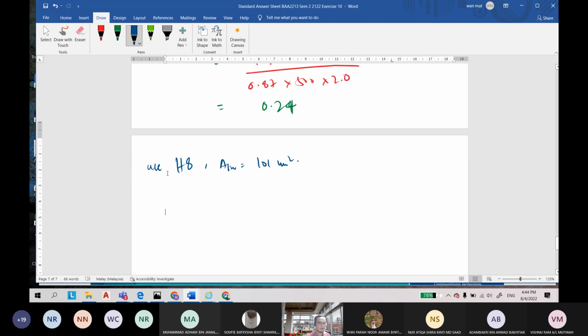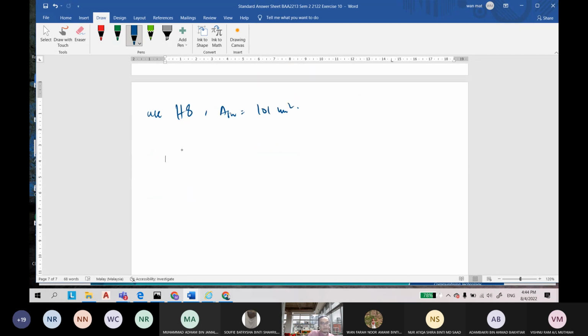So for spacing ST is equal to AST divided by 0.24. Oh sorry, for this case the AST shall be only single, only 50.3 mm square.